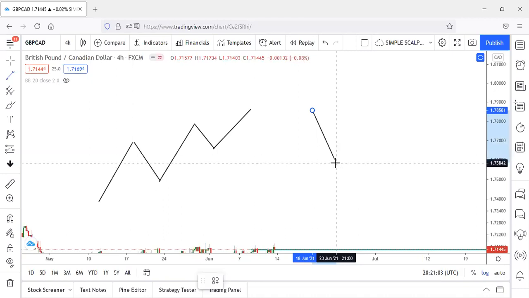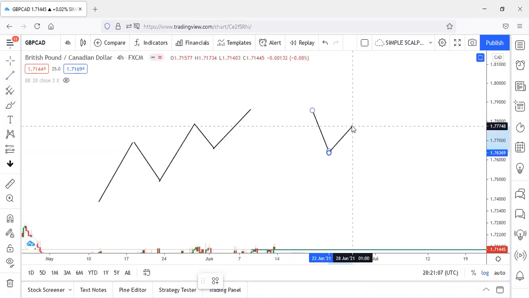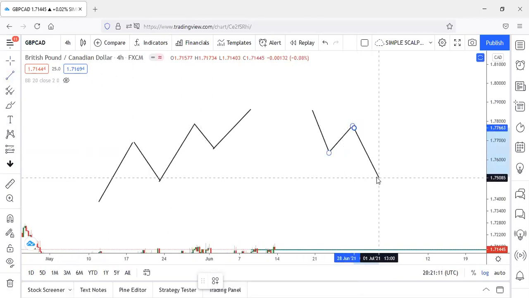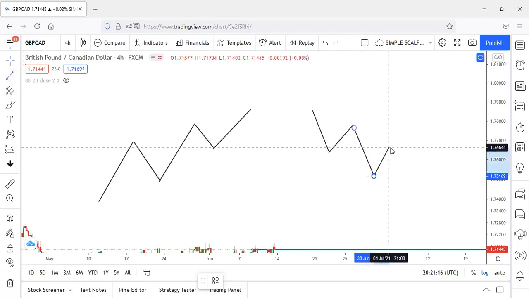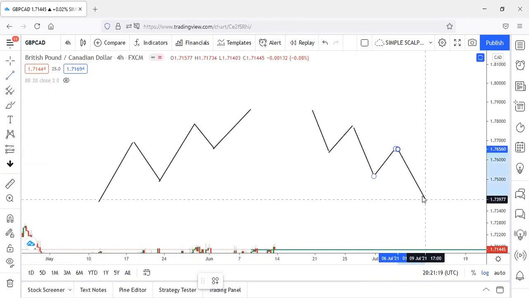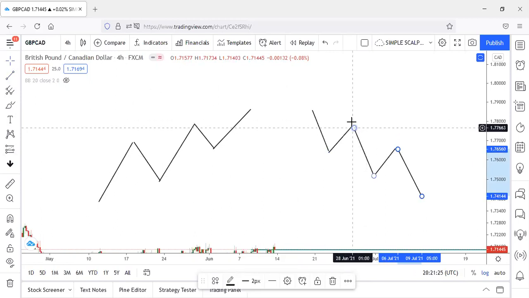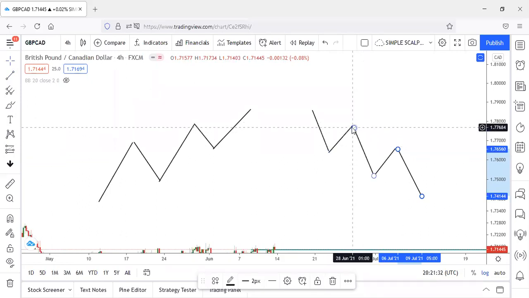But in the case of a downtrend, this is what we want to see: a low, a pullback, a continuation, a pullback, then another continuation, on and on like that. This area is known as the lower low, while this area is known as the lower high.